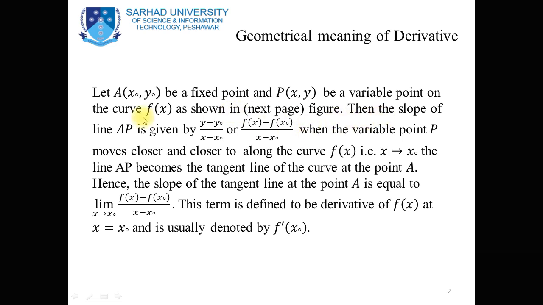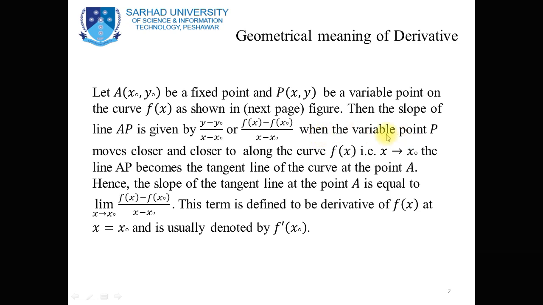The slope of the line AP is given by y minus y naught divided by x minus x naught, or f of x minus f of x naught divided by x minus x naught. We can write f of x is equal to y and f of x naught is equal to y naught.